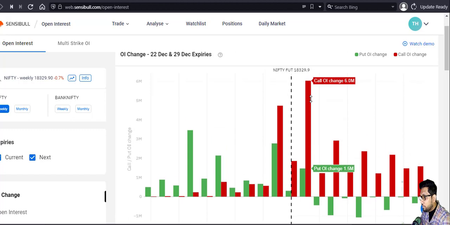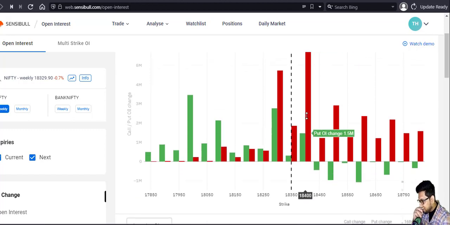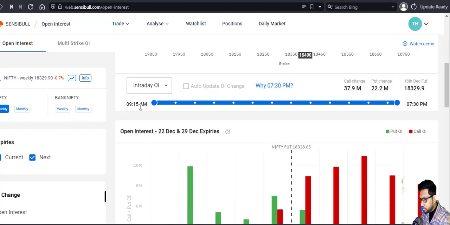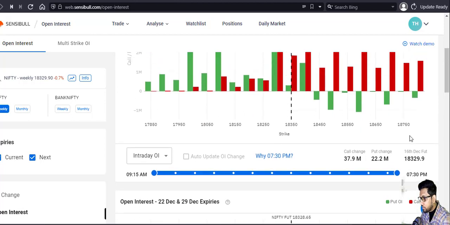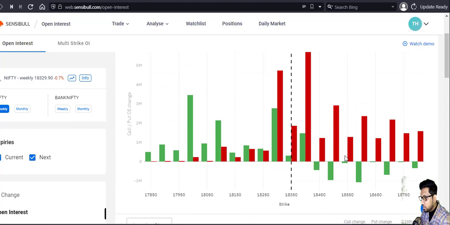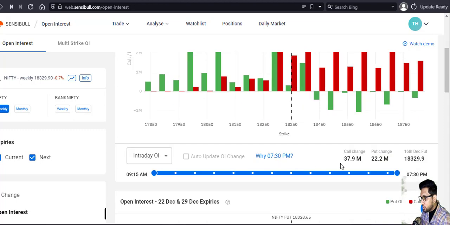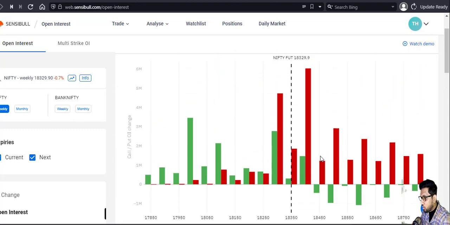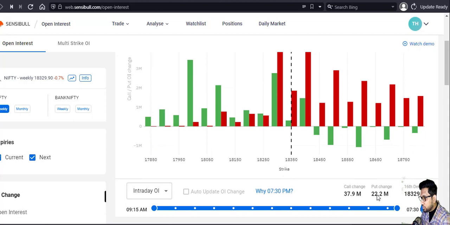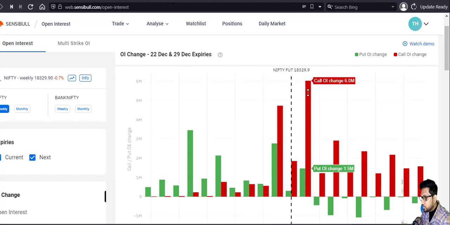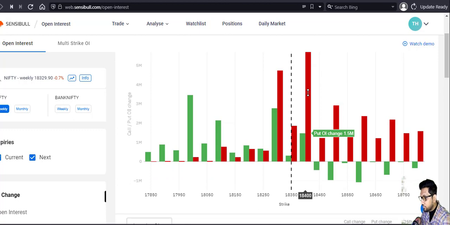Really big number. This is of today, from 9:15 to 7:30, the Friday session, intraday open interest. Whoa, the put change is 22.2 million. 16 December. The open interest is really nice from the level of 18,400.